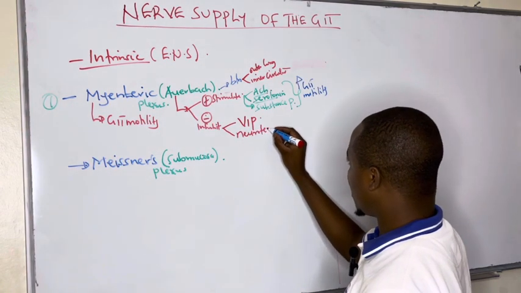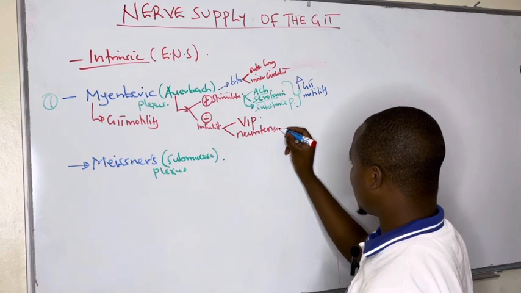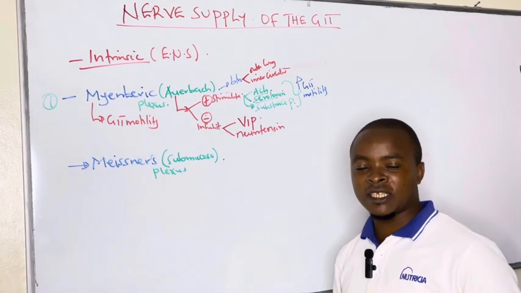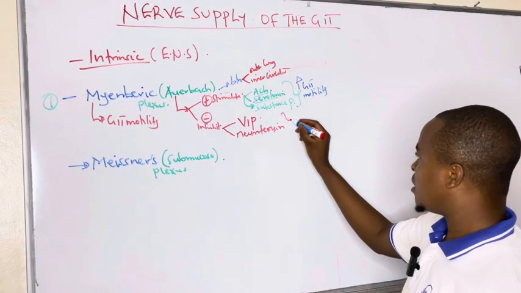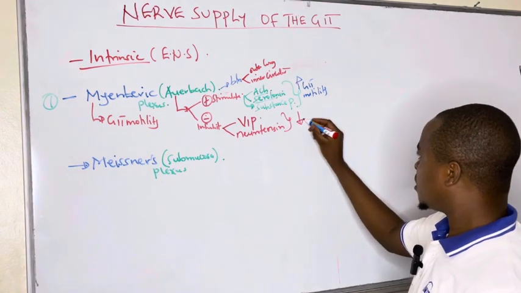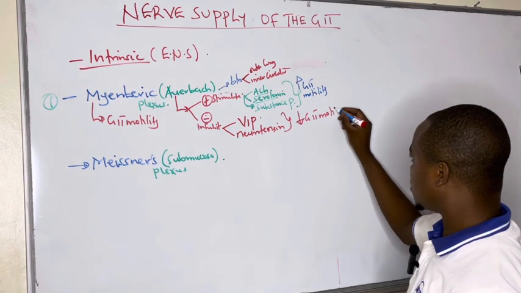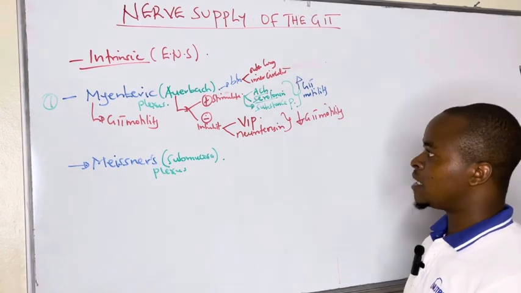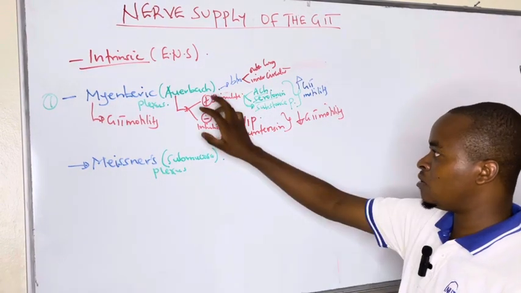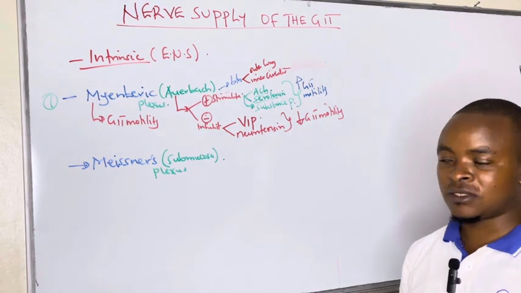So neurotensin and VIP are the inhibitory neurotransmitters. These ones inhibit GIT movements, or what we call motility. So that is the role of the myenteric, or what we call the Auerbach plexus.